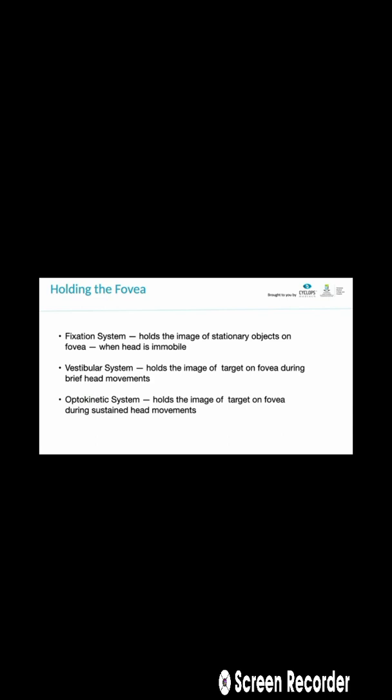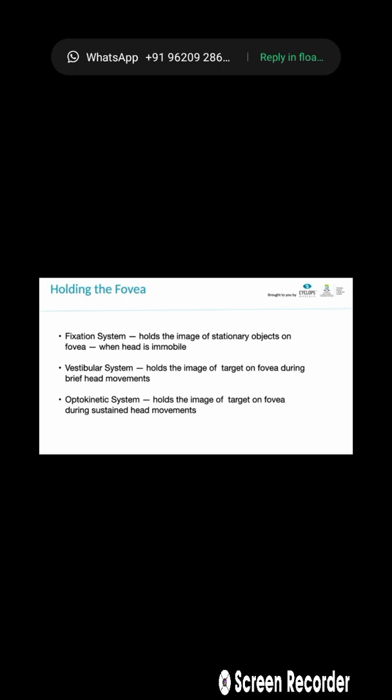This optokinetic system holds the image of the target on the fovea during sustained head movements. Right? When the head is immobile, the fixation system will be playing a role. When the head moves briefly, then your vestibular system comes into play. When there are sustained head movements, to hold the image on the fovea, your optokinetic system will come into play.